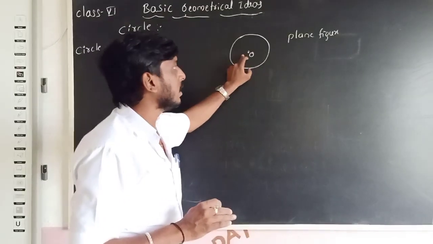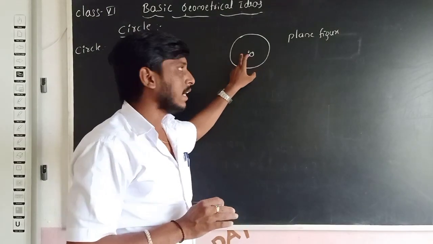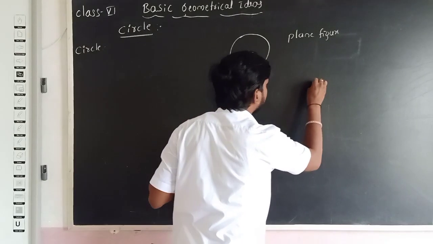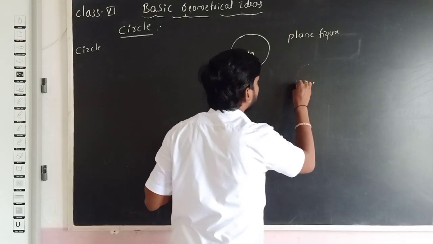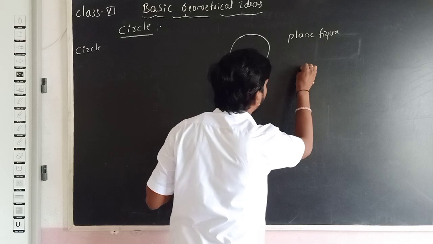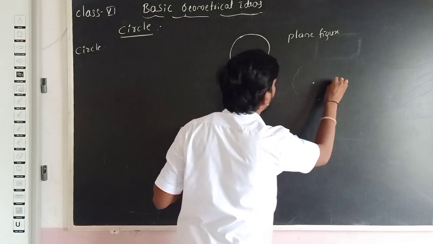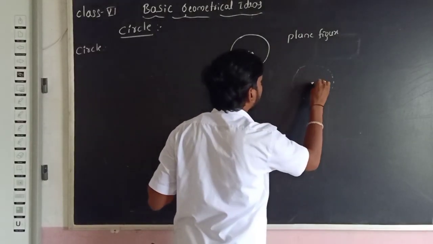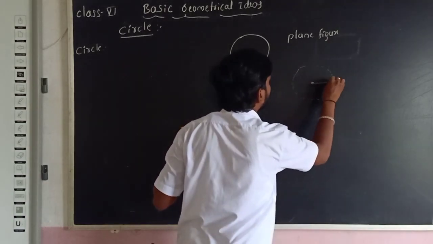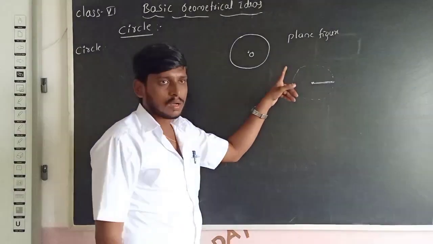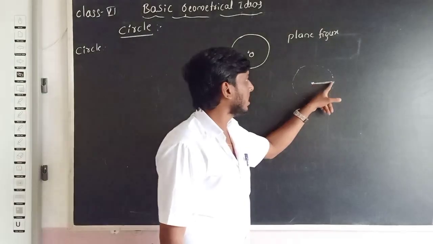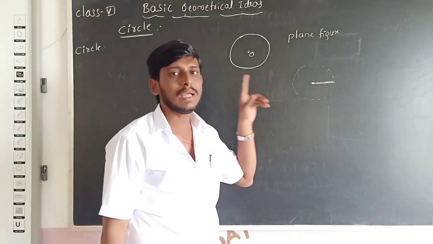What do you mean by circle? A circle is the collection of points from a fixed point at a fixed distance.